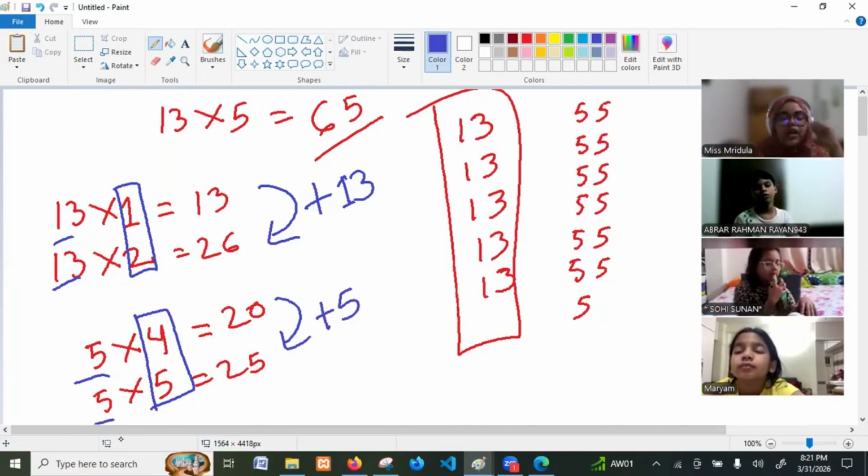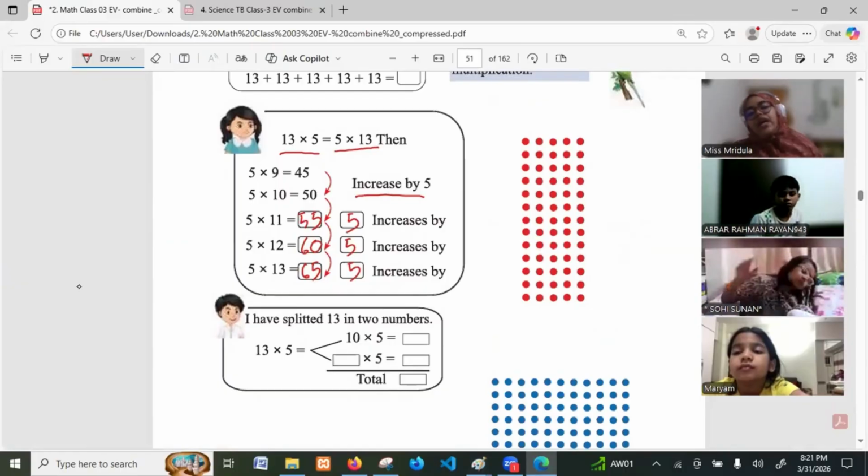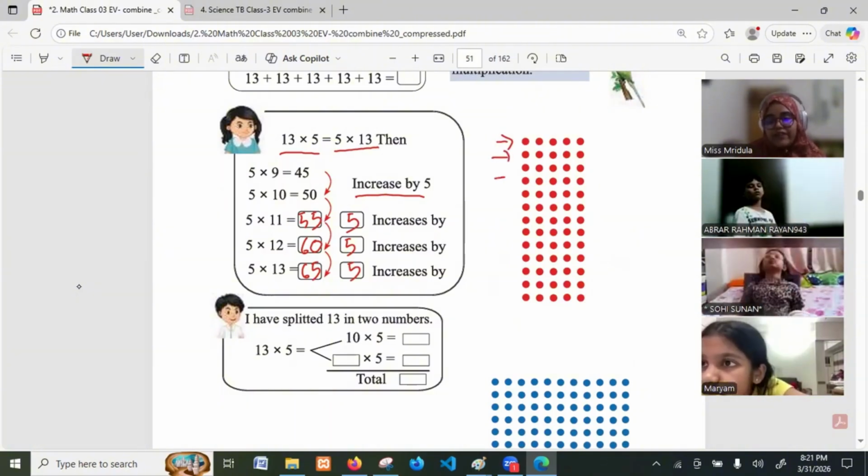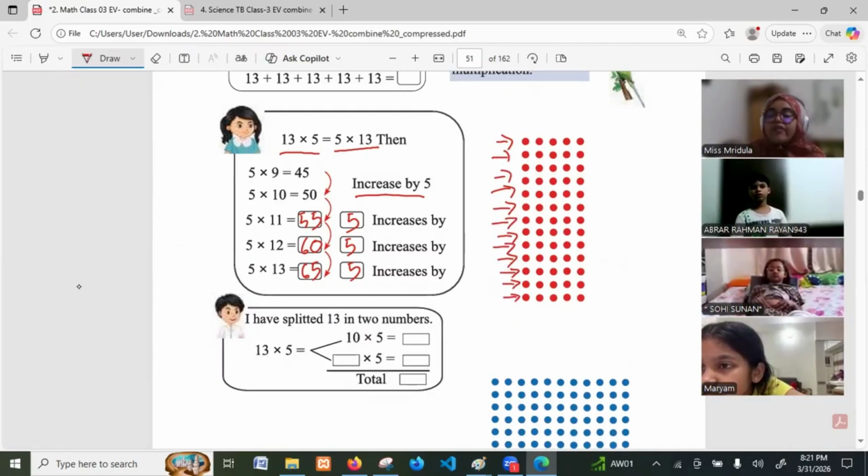So this is the rule of what is actually going on inside the multiplication, or you can say the times table. When they have done 13 5s, you can see they have in one row 5 dots. In this way, they have given a total of 13 rows of 5s to find 13 times 5.